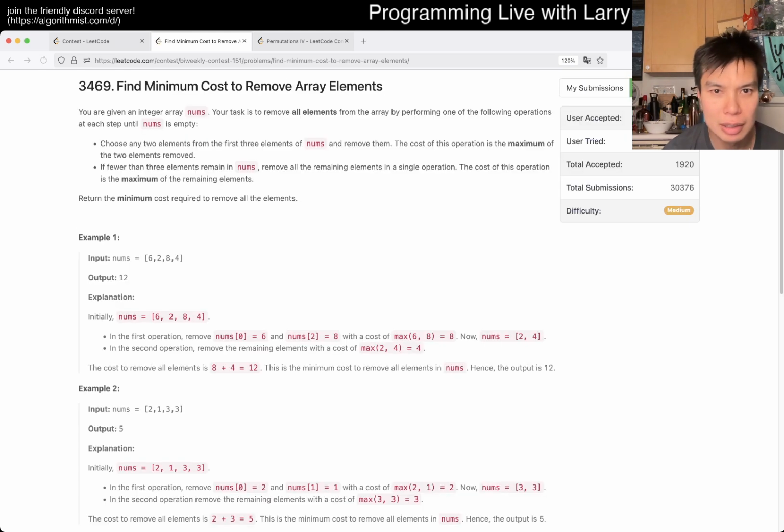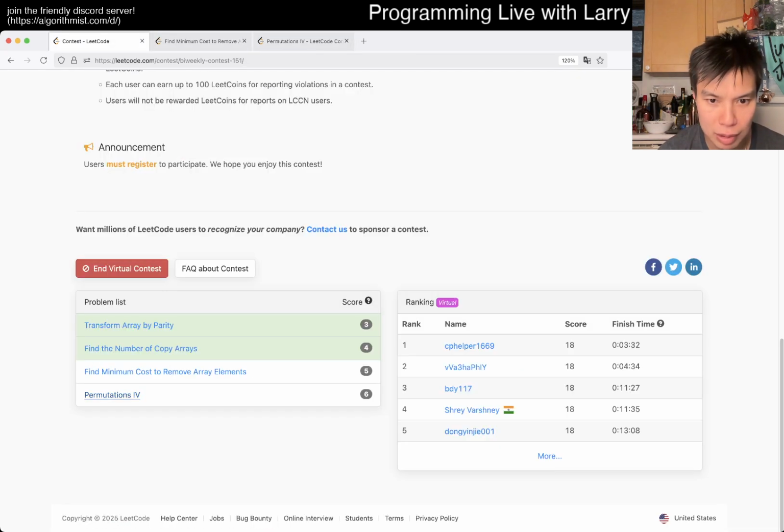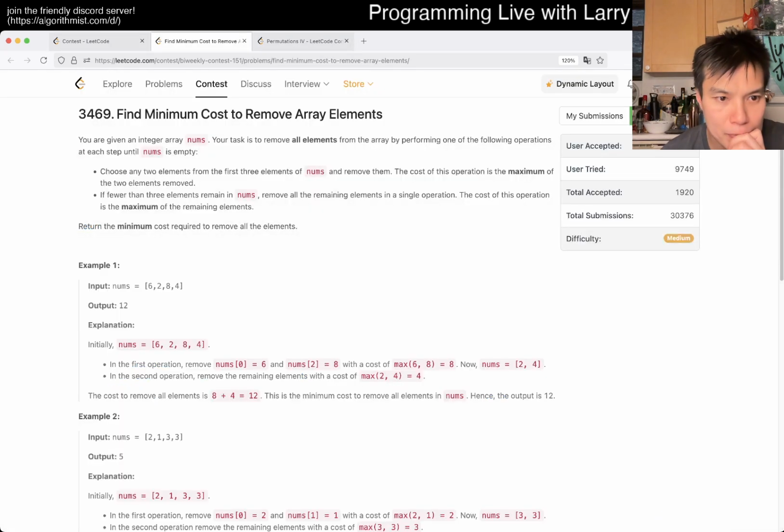All right, let's see. We have 5 and 6, so I should be able to do it. Remove all elements. Choose 2 of the first 3 and then remove them. The cost is the max of, okay, we'll min cost, so the max of the 2 elements.